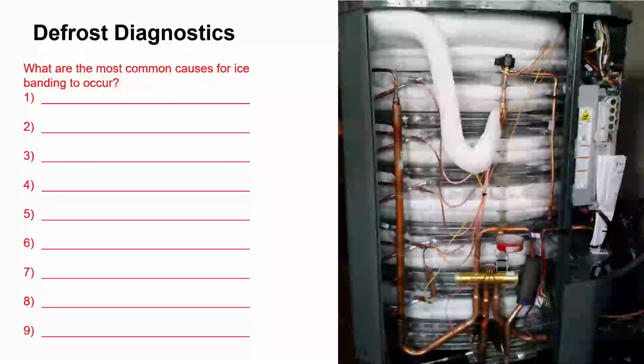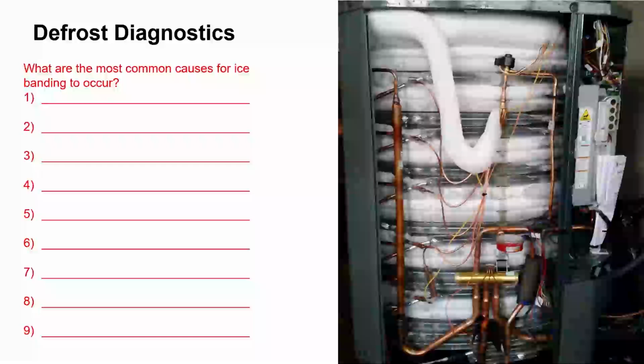So staying with our banding, there are some other ways for this to happen. Some things that could cause this. Low refrigerant charge. If you're not in an area where we have freezing fog, low refrigerant charge is one of the most common culprits. And it's just purely that we can't get the temperature high enough in the entire circuit to defrost properly.